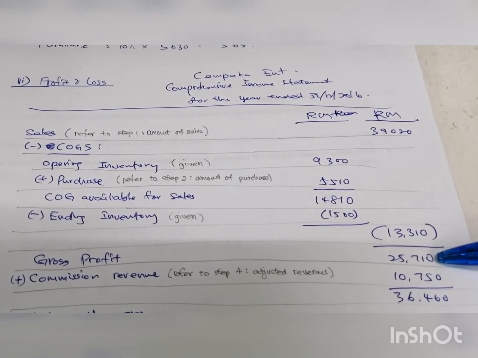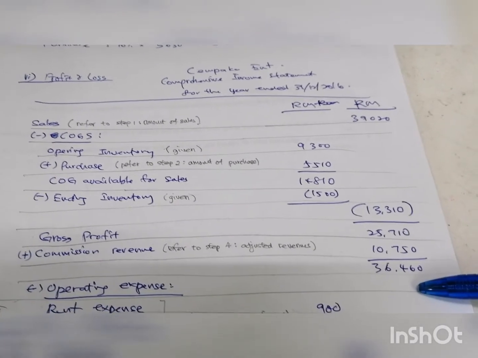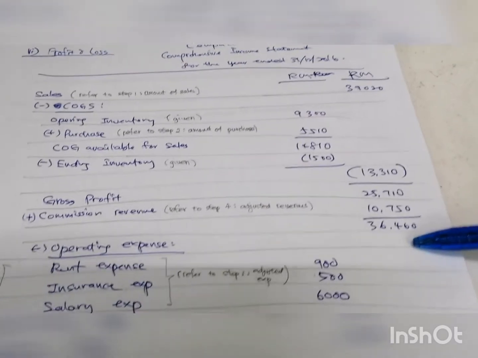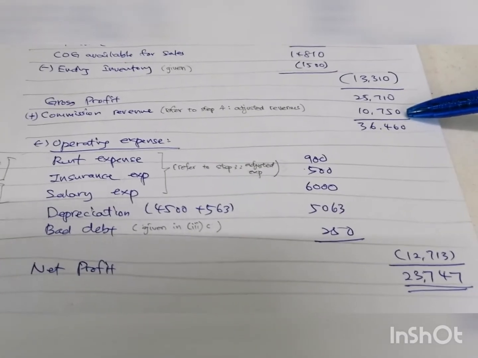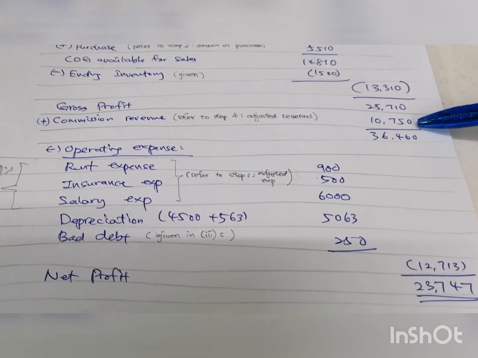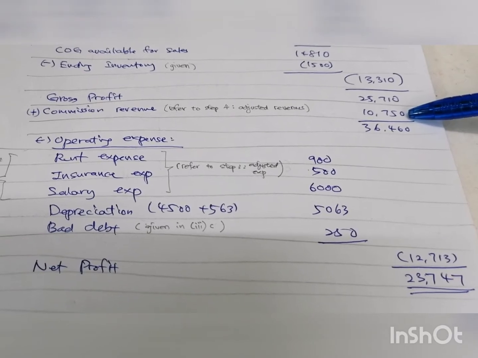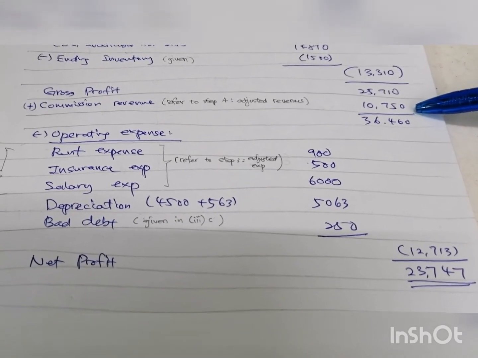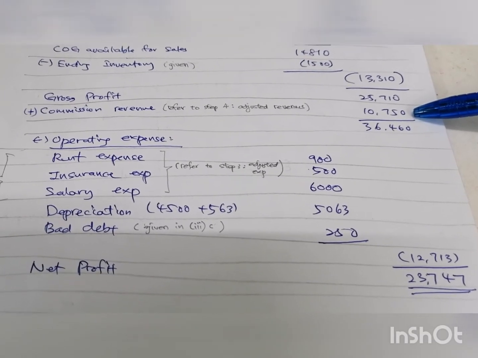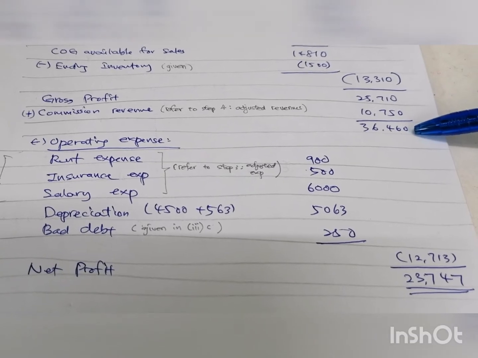So remember, after this, you will need to add on your revenue and minus your expenses. Your revenue only has one item, that is the commissions revenue. Commissions revenue, you can refer to your step 4 that you have counted. The adjusted revenue is 10,750. So you get total 36,460.